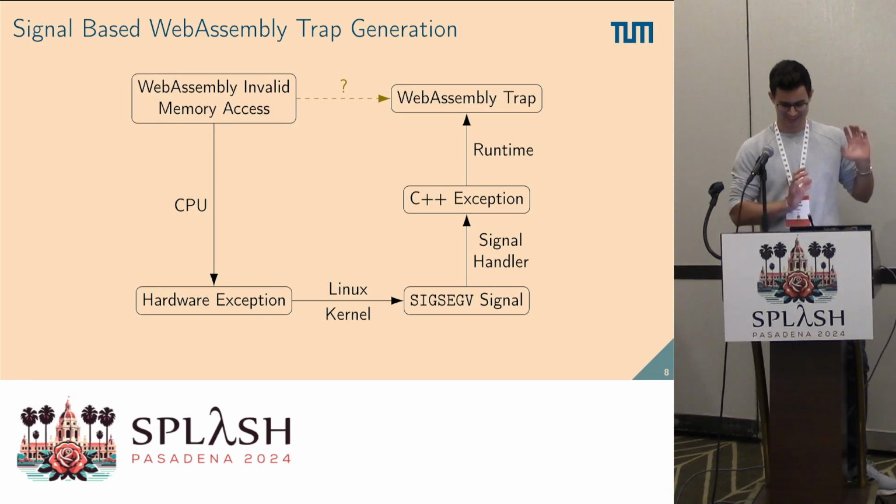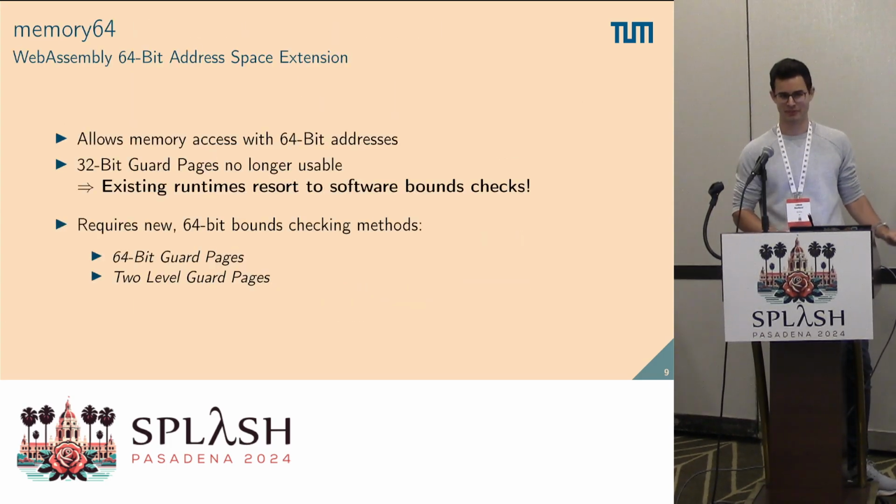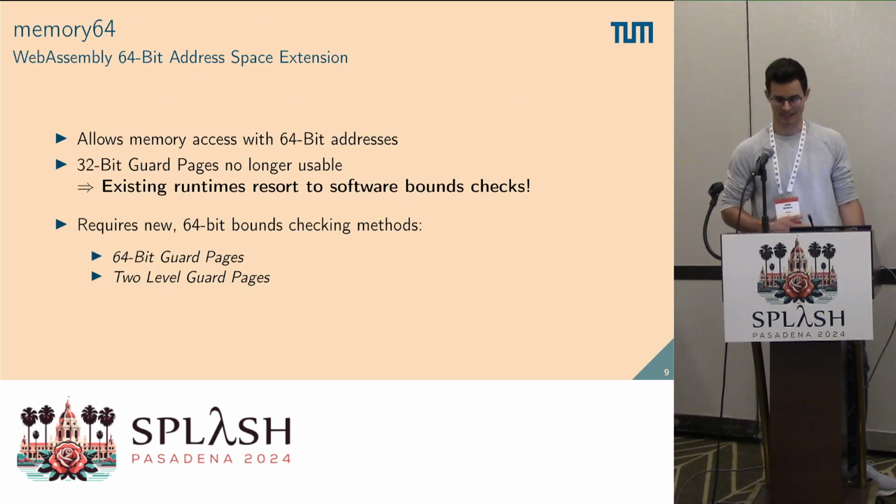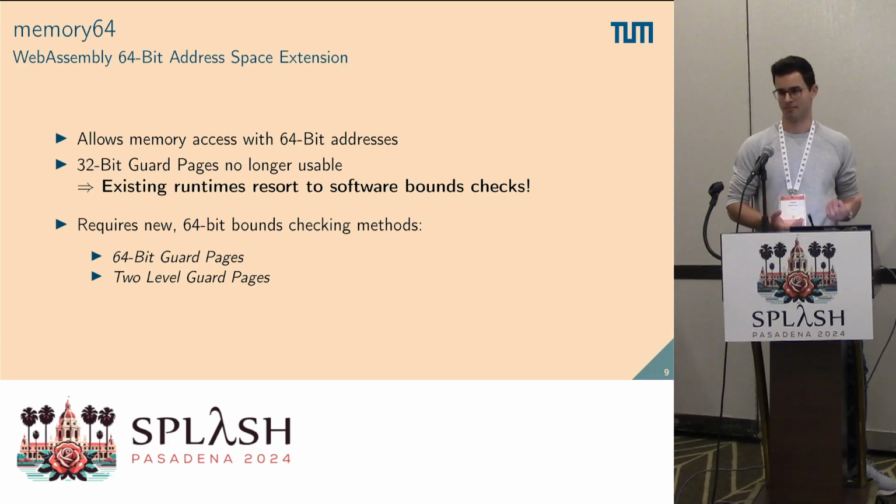All right. So much for the background. Now the big problem. We're moving to 64-bit WebAssembly addresses. This is still a proposal, but it's important because some WebAssembly code might need more than 4 GB of addressable memory. And imagine game engines, for example, running in the browser might just need more memory.